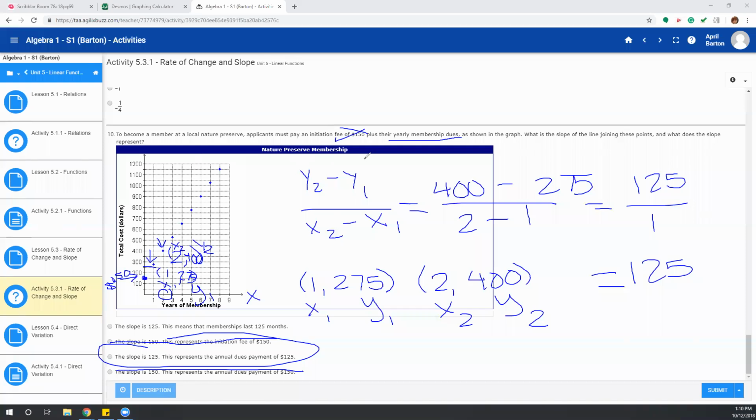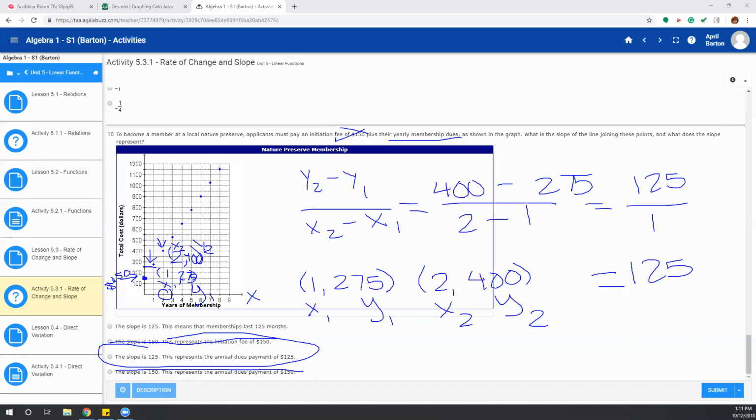So any other questions on that rate of change and slope section? That's also part of that linear functions unit. What about the direct variation? Okay, so direct variation.